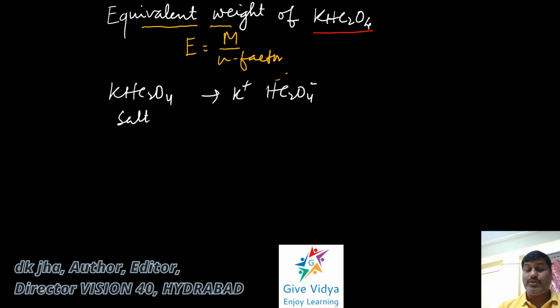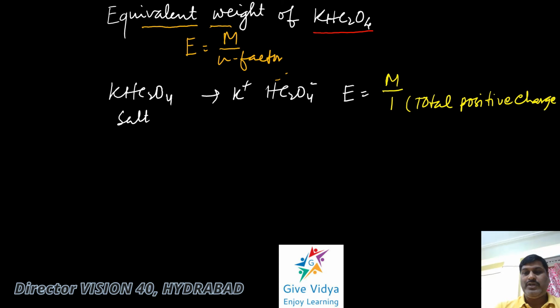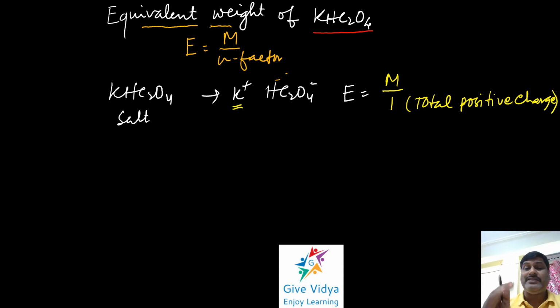This is acting as a salt, and so for this one the equivalent weight is equal to M divided by 1. What is this one? One is the total positive charge here, right? Where is this total positive charge? This total positive charge is with this K plus, and this only is the n factor for this one.